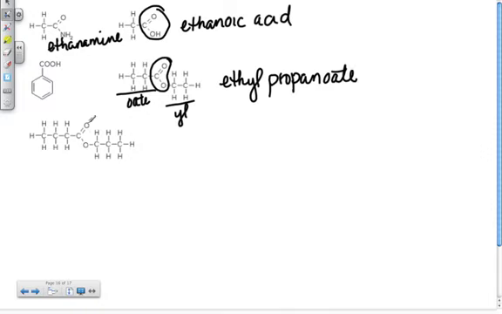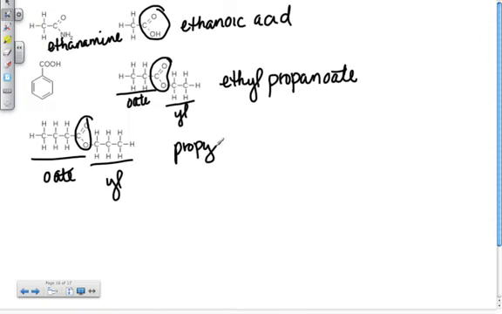Over here I have another ester. I have 3 carbons, YL, 4 carbons, OATE. So this is going to be propyl butanoate. And my last one over here, this is a benzene ring with an acid functional group, so this is benzoic acid.